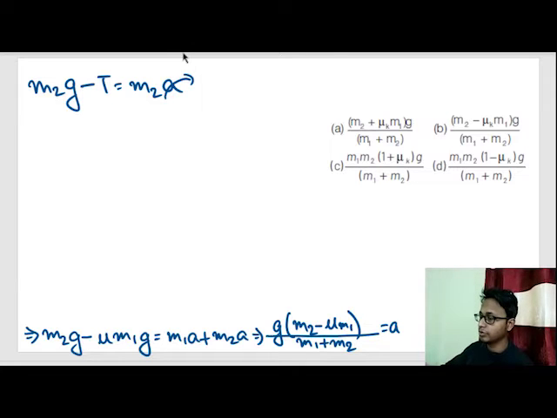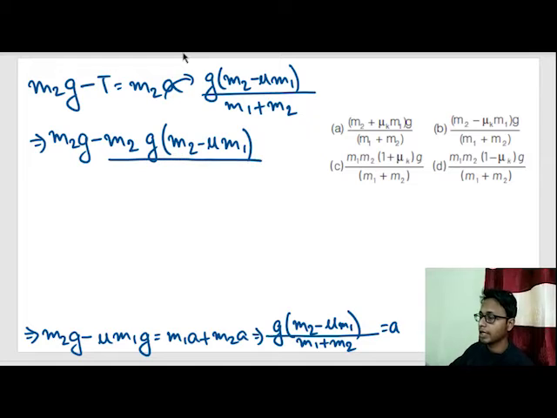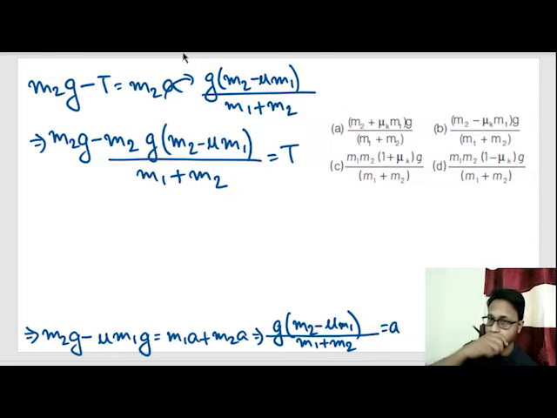Now we take T to the right hand side and bring M2 into A to the left hand side. So M2G minus M2 into G into M2 minus mu M1 by M1 plus M2 is equal to T.